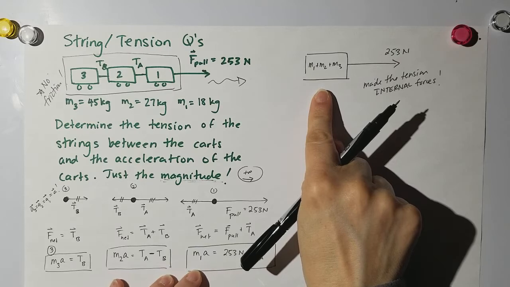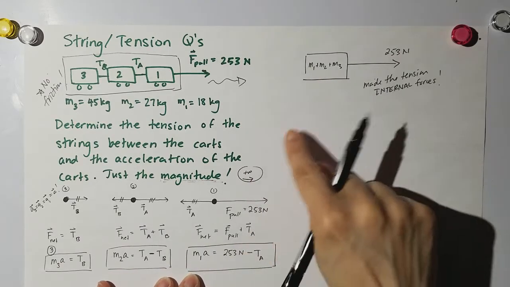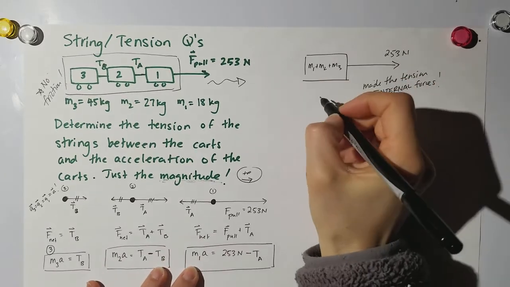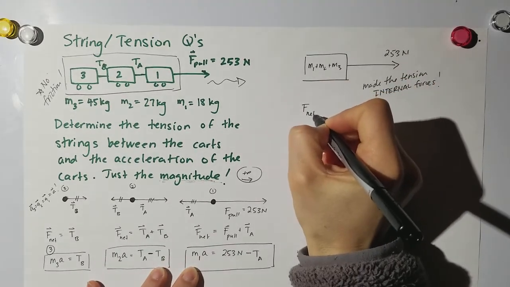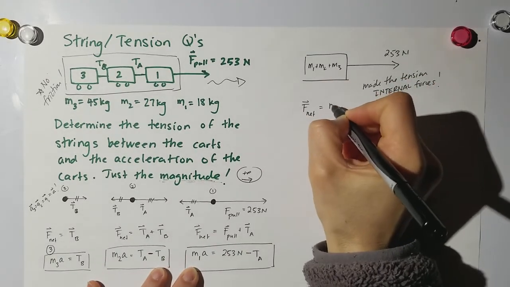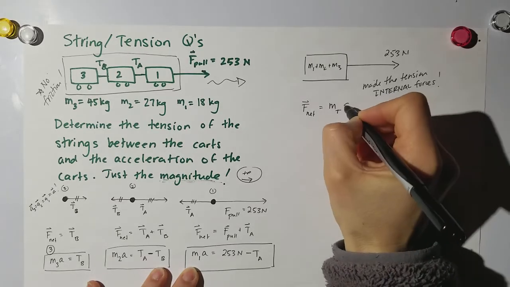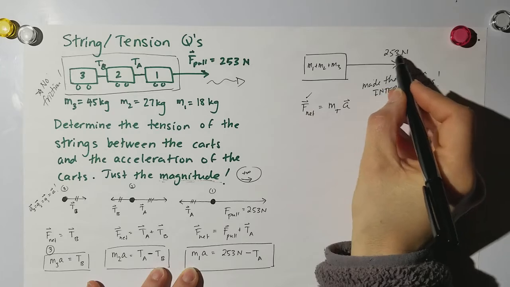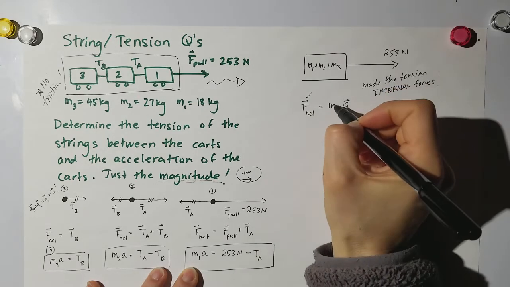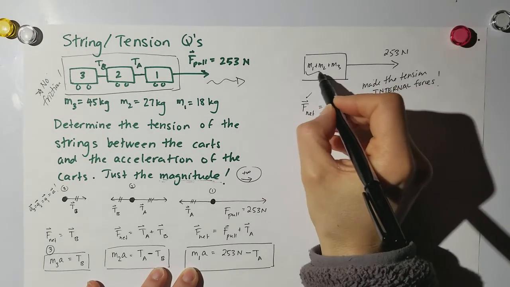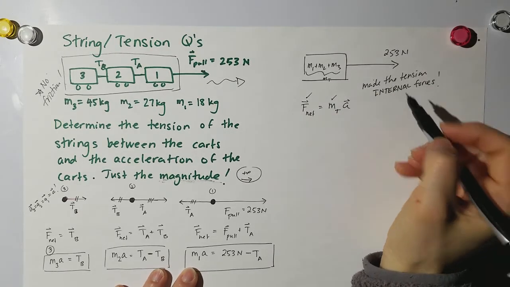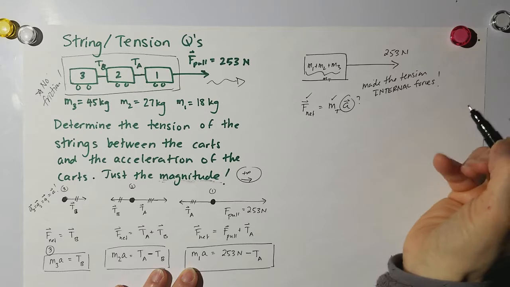And when I take Newton's second law for this system, what I get is F net equals M total A. I know F net because the only thing acting on it is this 253 newtons. The mass total is these 3 masses added up. And so I can solve for the acceleration.